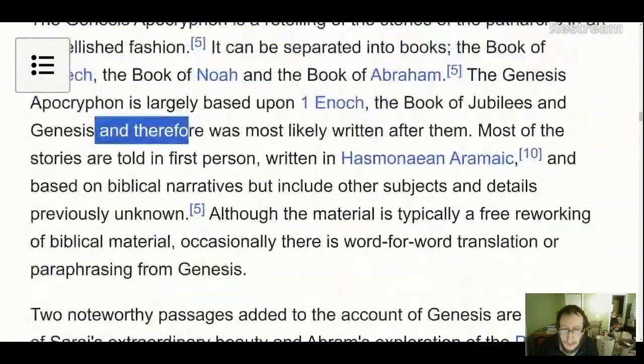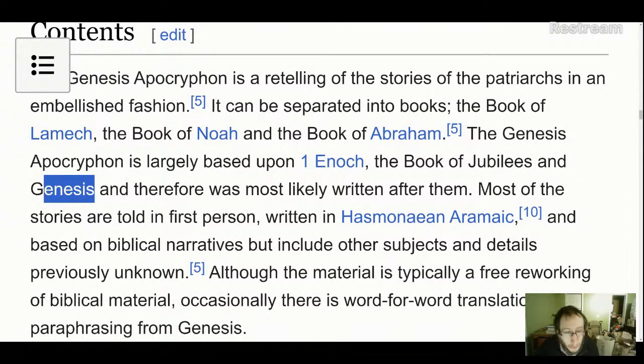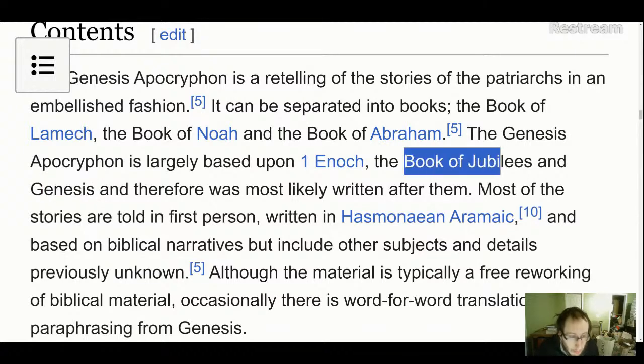Okay. And in fact, obviously we have the bias of the scholars who think Genesis is much earlier than these extra books. But the idea that the scholars think that Jubilees is the source of Genesis Apocryphon makes no sense, because Jubilees literally tells you that it got the information from the books of the patriarchs.